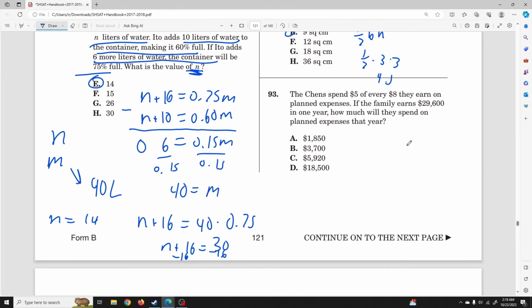93 says the Chins spend $5 of every $8 they earn on planned expenses. If the family earns $29,600 in 1 year, how much will they spend on planned expenses that year, right? So really, this is the same thing as saying that they spend 5/8 of their money. Don't believe me? Well, look. Let's say they spend 5/8 of their money and they earned $8, how much are they spending?